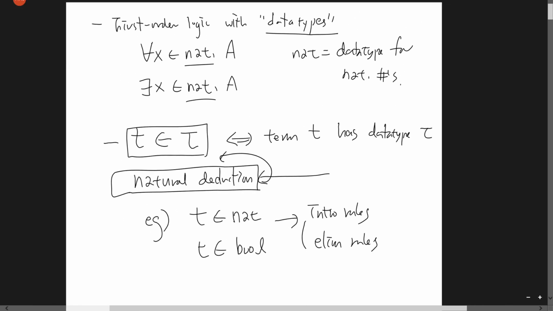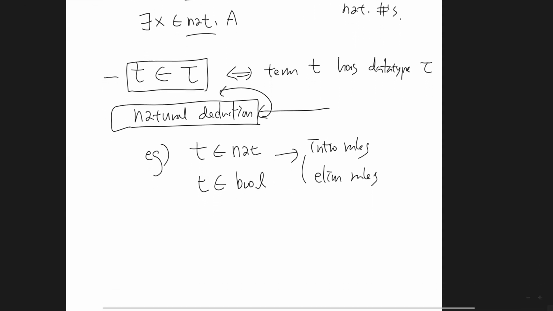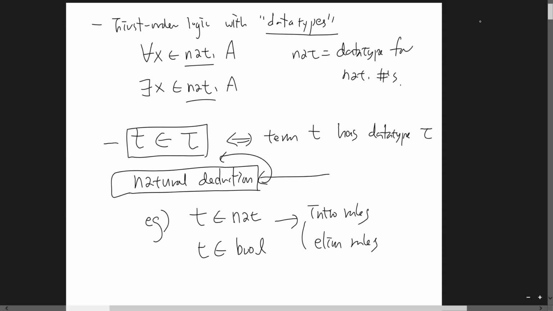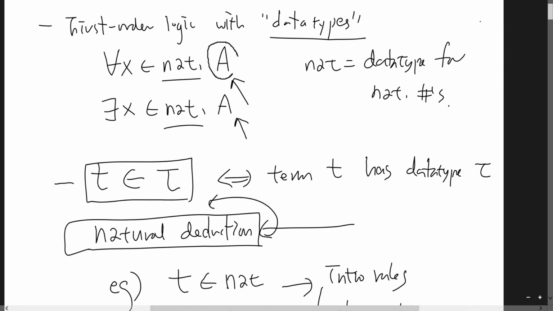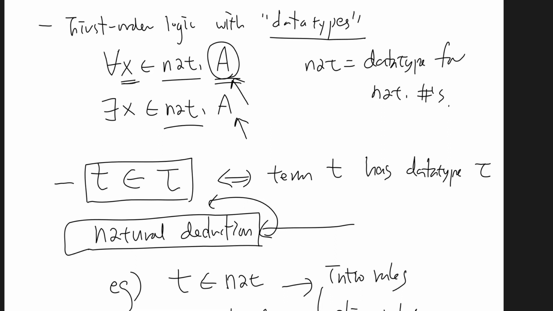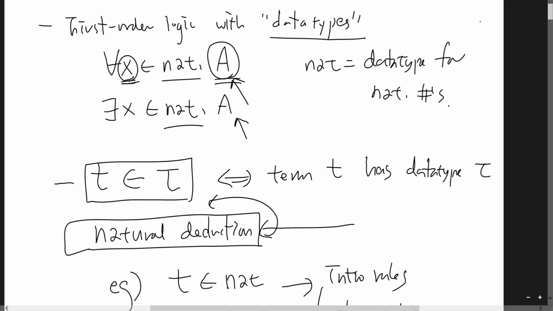And before we proceed, we'd like to introduce new notation. So previously, here, we just used this symbol A to indicate that term x satisfies this property A. But now we'd like to state explicitly that term variable x may appear inside this proposition.